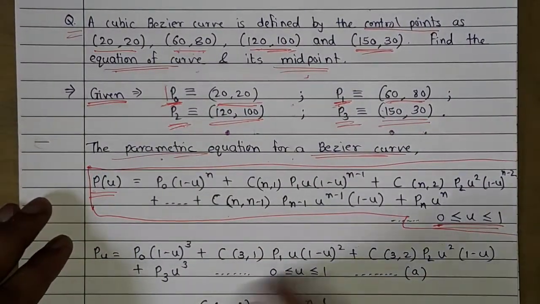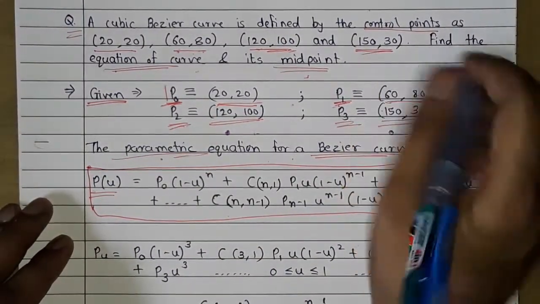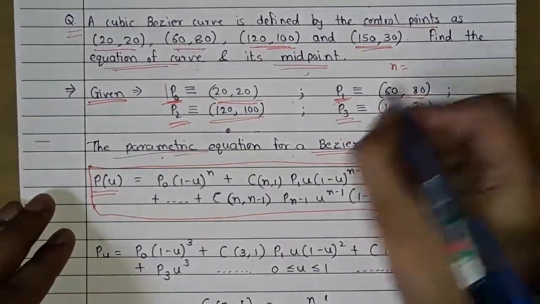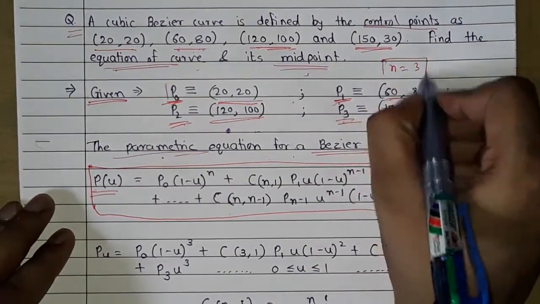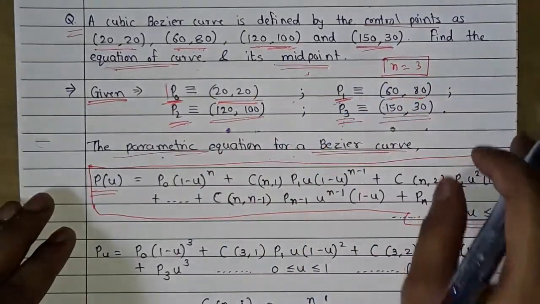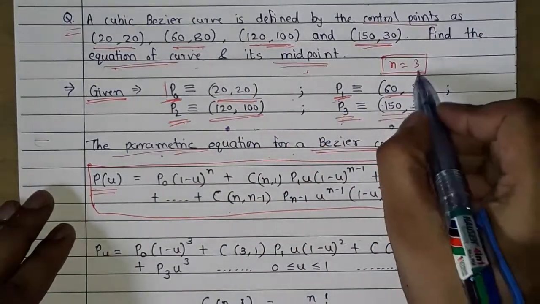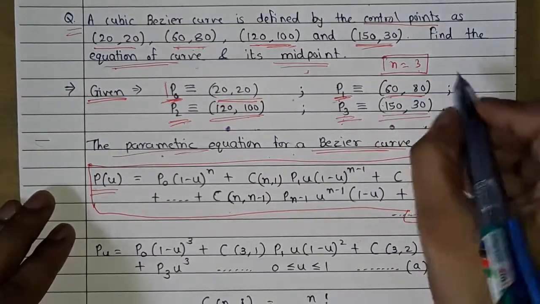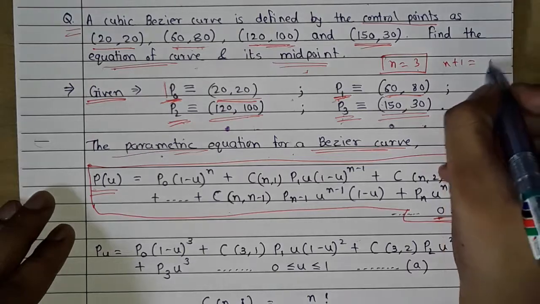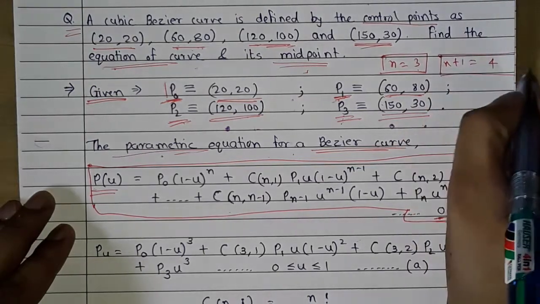Here friends, see, we have n equal to 3, so the degree of polynomial for this question is 3, and we have control points, that is n plus 1, in this case 4.